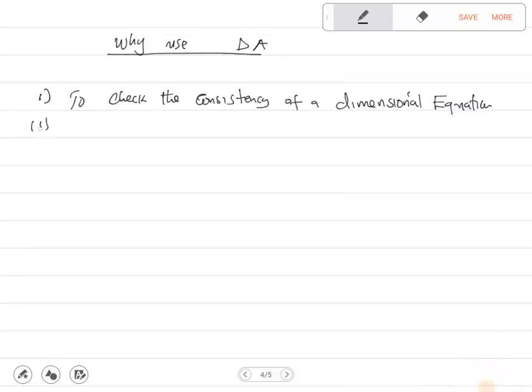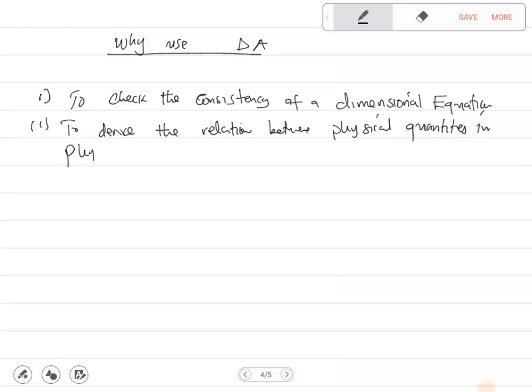Second, to derive the relationship between physical quantities, like I said in the first part of the video, in physical phenomena.